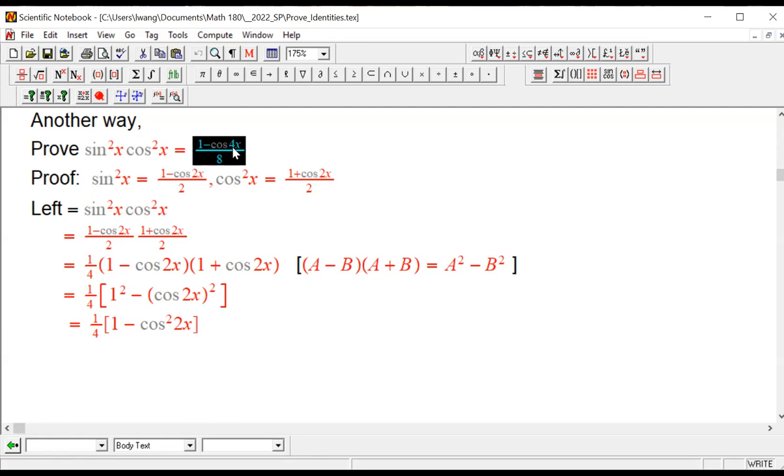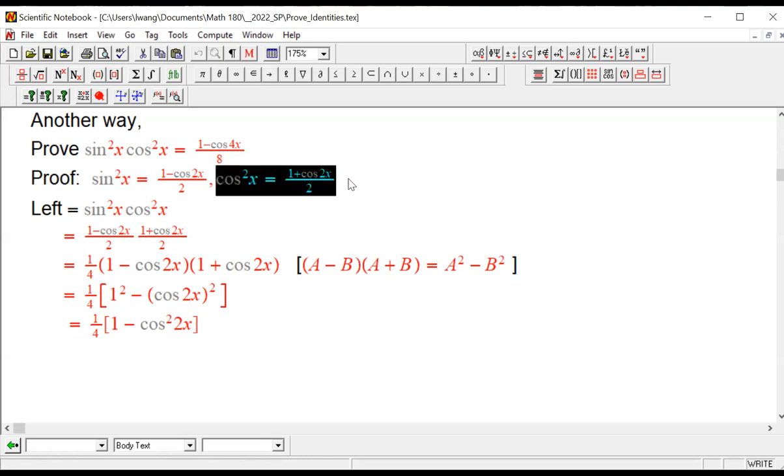But we're still not on the right hand side yet, right? So what do we do? This must be related to some double angle formula. So how do we get there? We need a cosine 4x. So how is a cosine 4x related to the formula?